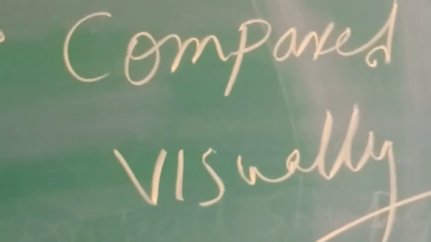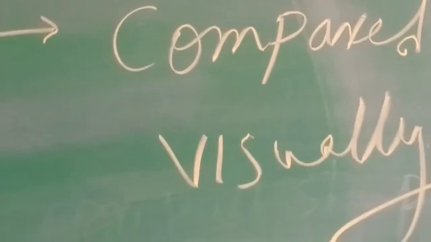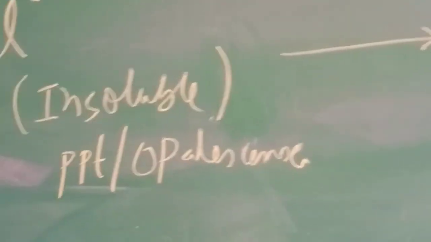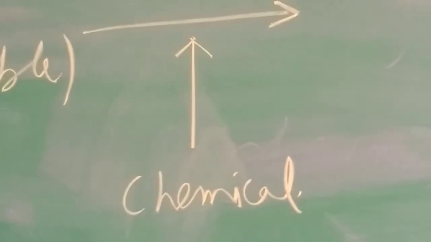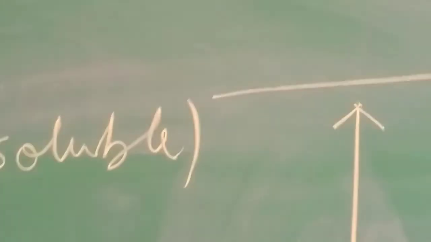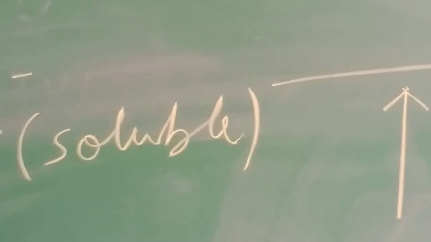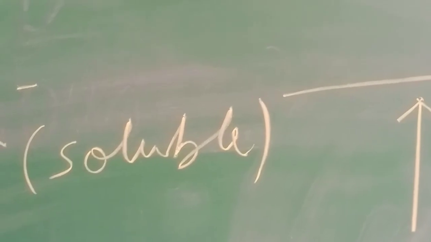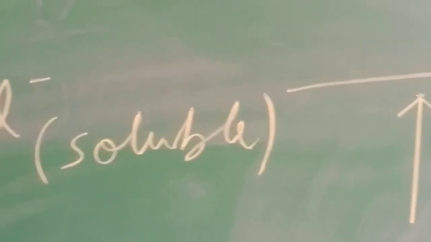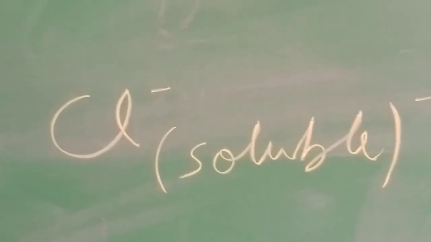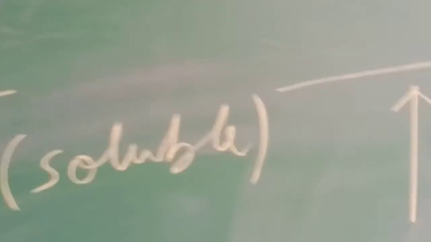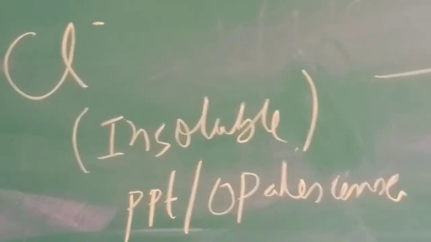is beyond the limit. So this is the basic background how we determine chloride as an impurity, or how we determine if chloride is present as an impurity in a given chemical substance or a chemical compound.